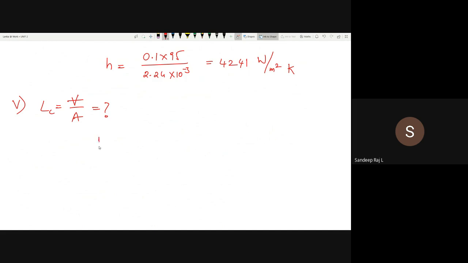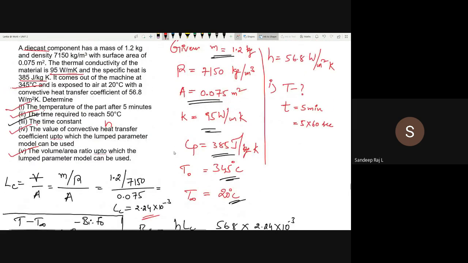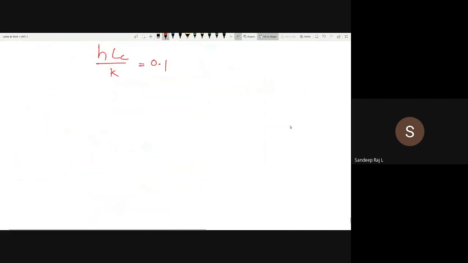So HLC by K is equal to 0.1, and the H value is given as 56.8 in the question. 56.8 into LC by K, with K as 95, is equal to 0.1.